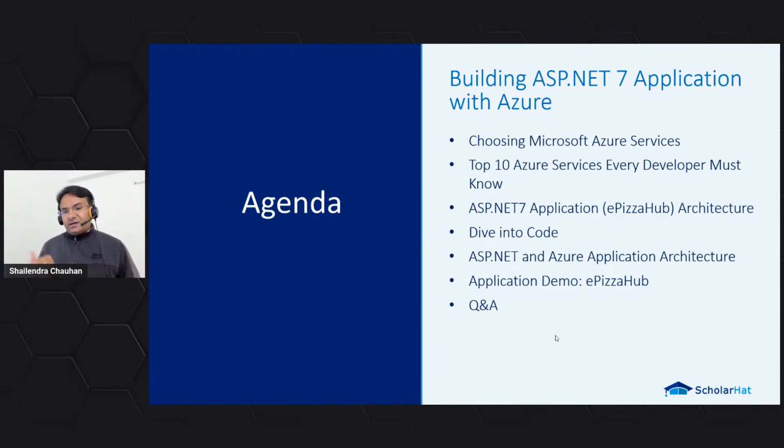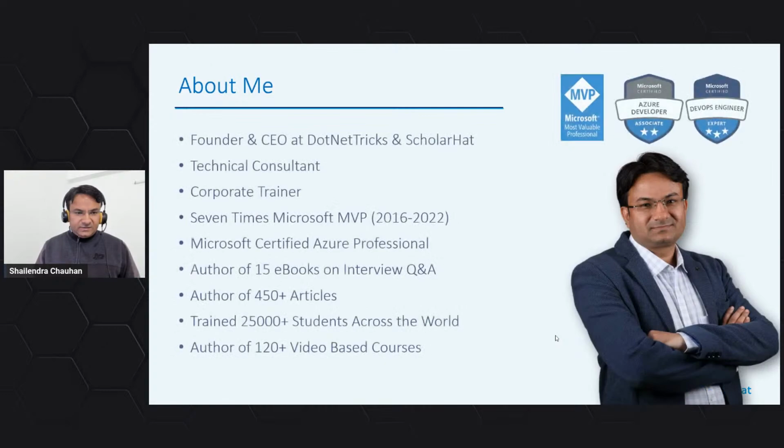Then I will share my application architecture with you, the application I built in the combination of ASP.NET 7 and Microsoft Azure. Then we will dive into the code so that you understand how to write the code to integrate the various Microsoft Azure services. Finally, we talk about the architecture as well, and I will show you a demo so that you have a clear-cut understanding of building things.